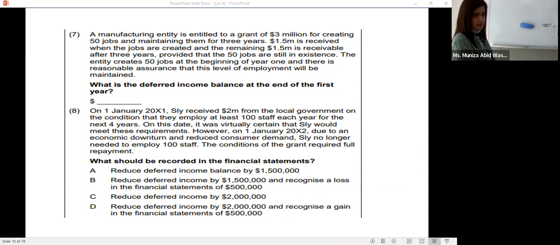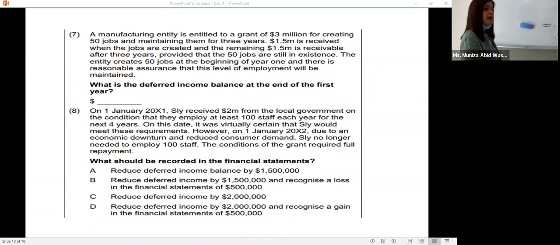Is it true? Yes, we are going to reduce the deferred income balance by 1,500,000, but it's not complete. Because reduce deferred income by 1,500,000 and recognize the loss in the financial statements of 500,000. The one which we have already recognized in SOPL obviously is going to be reversed.